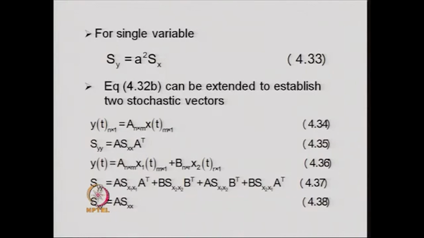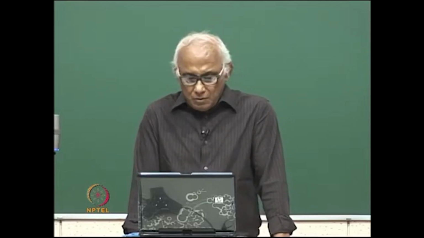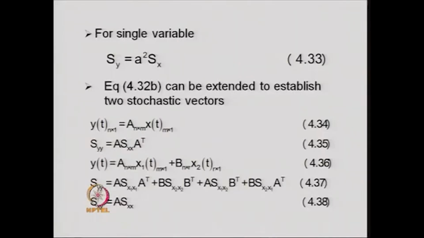Now, the next relationship that exists is between the input and output. Say for example, if we take equation 4.34, in this equation the input is x t and the output is y t. Then the cross power spectral density function between the input and output, that is Sxy, is written as A into Sxx.